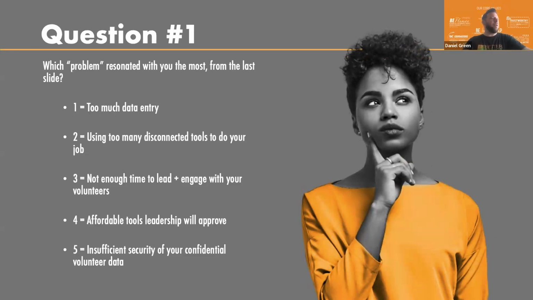Number 3, not enough time to lead and engage with your volunteers? Number 4, affordable tools that leadership will approve? Or number 5, insufficient security of your confidential volunteer data? By all means, it could be more than one of these, so put as many answers as you like if it resonates with you.